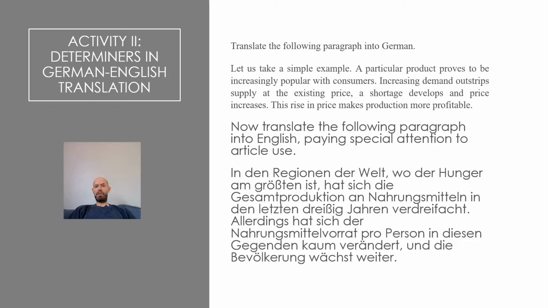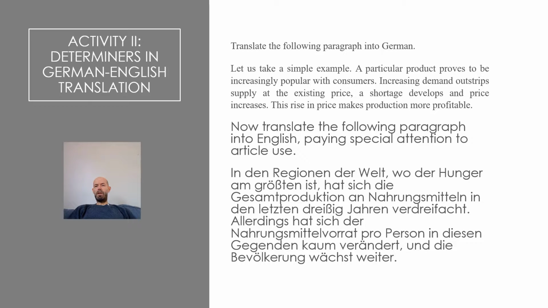That would be preferable to saying dieser Anstieg des Preises, der Preise. Dieser Preisanstieg makes production more profitable. Again, no article in front of production. In German, of course, macht die Produktion rentabler.